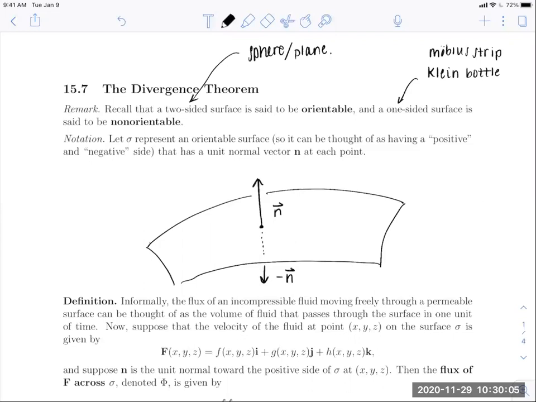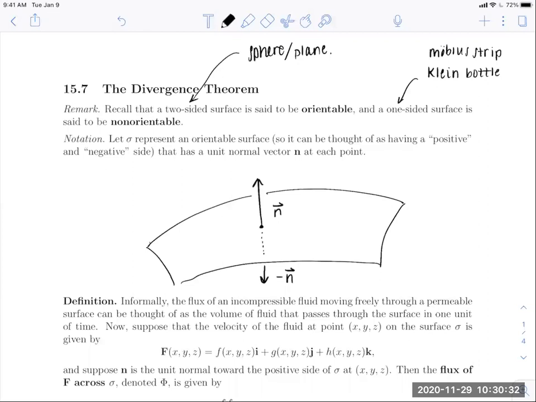All right, informally, the flux of an incompressible fluid moving freely through a permeable surface can be thought of as the volume of fluid that passes through the surface in 1 unit of time. Now, suppose that the velocity of the fluid at a point x, y, z on the surface sigma is given by this vector field F with component functions lowercase f, g, and h, all functions of x, y, z.